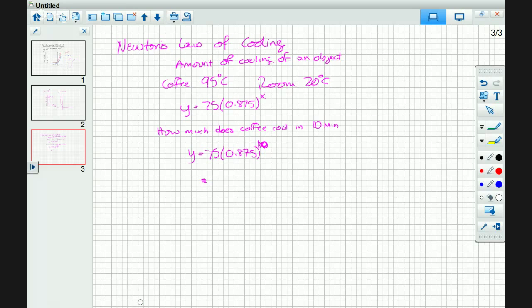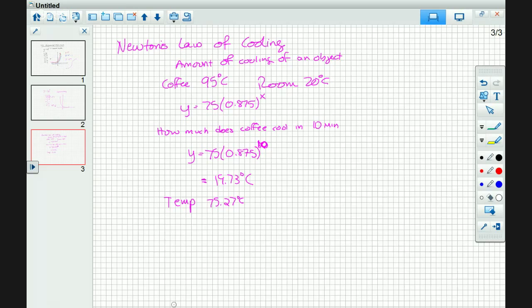It's probably drinkable now, right? The temperature at this point is 95 minus 19.73, so 75.27. A little bit better. Probably won't scald you. Good. So there's an application problem for you.